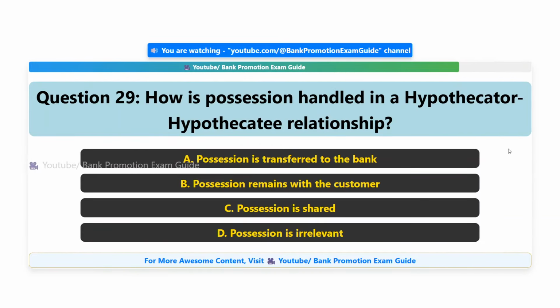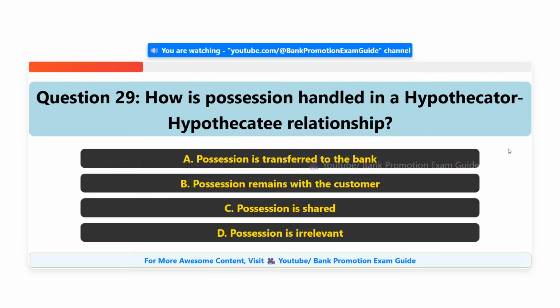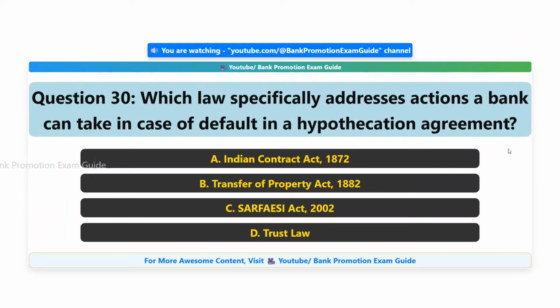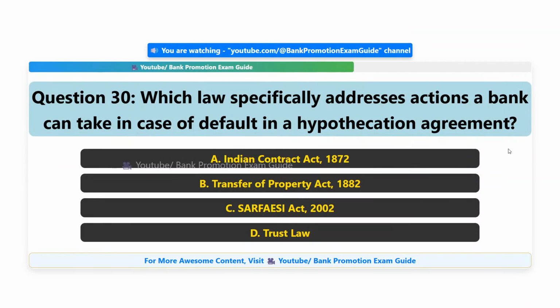Question 29. How is possession handled in a hypothecator-hypothecatee relationship? Possession remains with the customer. Hypothecation does not involve transfer of possession. Question 30. Which law specifically addresses actions a bank can take in case of default in a hypothecation agreement?